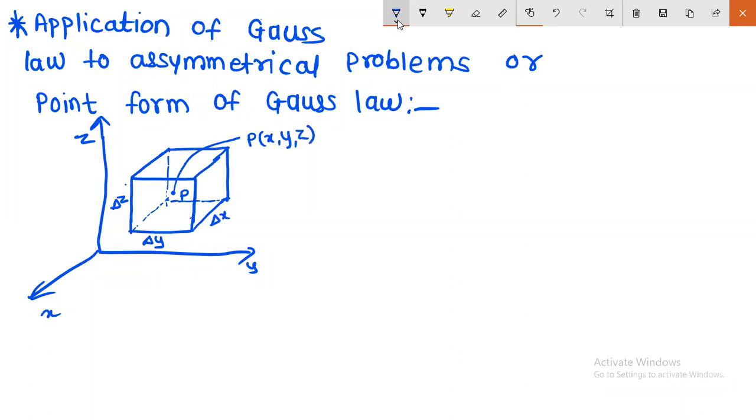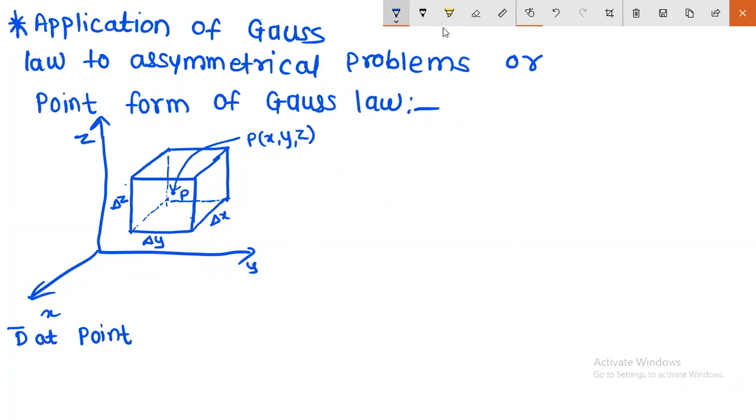Now, I want to write the equation for the electric flux density for point P, which is placed at the center. So I'll write here D bar at point P.